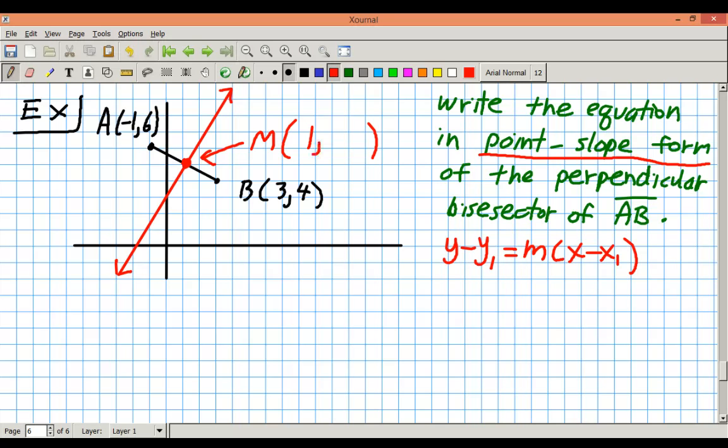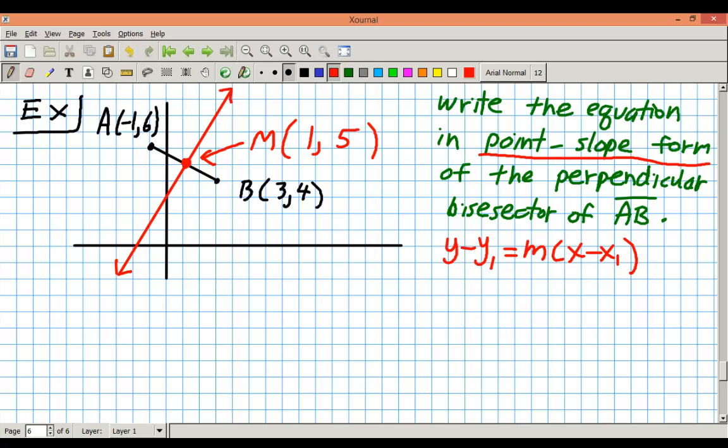So 1 is the x coordinate of that midpoint of that black segment. Repeat that process for the y coordinate. 6 and 4 add up to 10, divided by 2 is 5. So (1, 5) is the midpoint of that line segment, and that red line passes through that point because that red line is the perpendicular bisector that we're supposed to write the equation for.